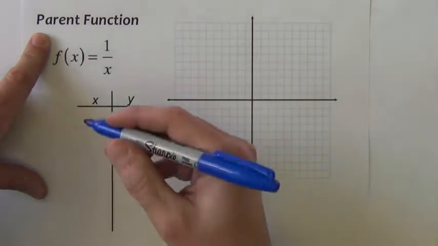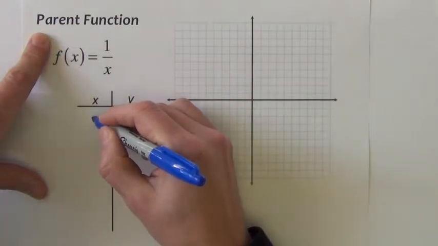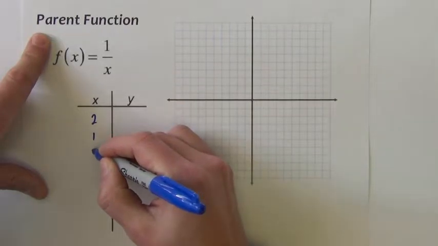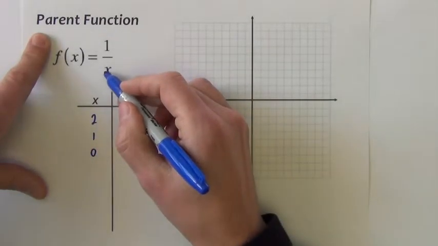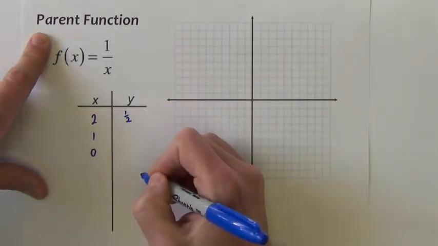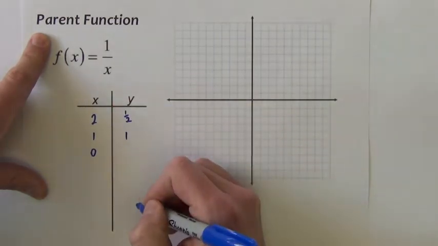So let's begin. We'll just do how about 2, 1, and 0. So start with those points. When x is 2, we get a y value of half. When x is 1, we get 1 over 1, which is 1.